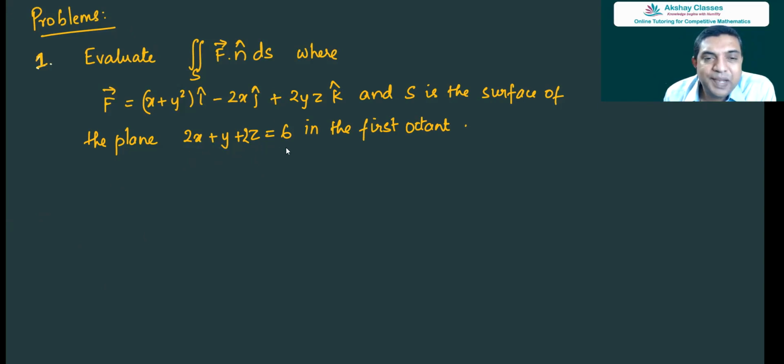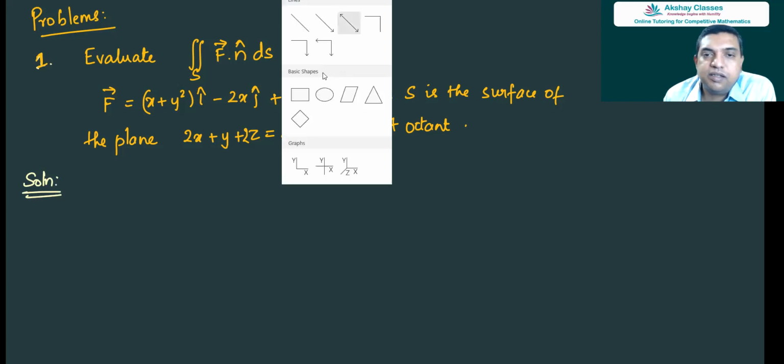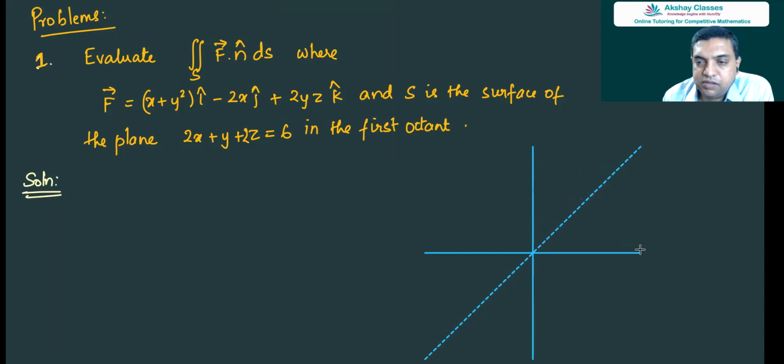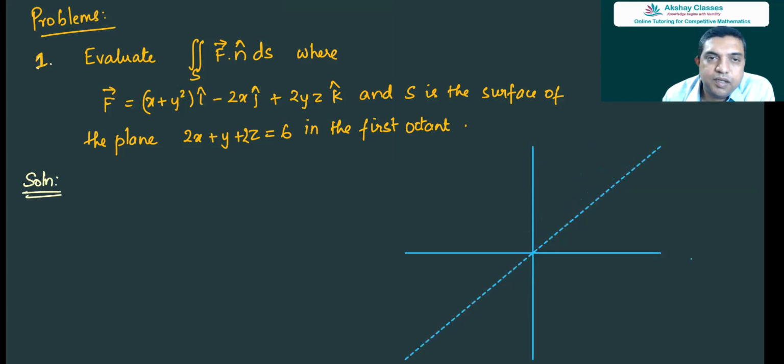Now this is a plane, and we need to integrate along this plane. Let's take the positive part. This is x, this is y, and this is the positive z. So the positive octant will be this side, x, y, z.